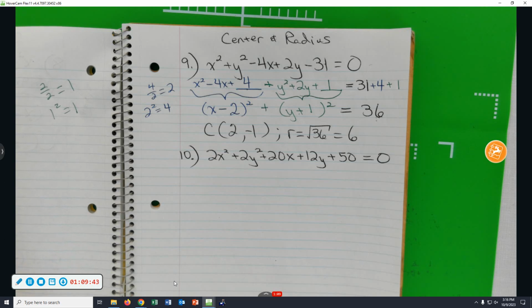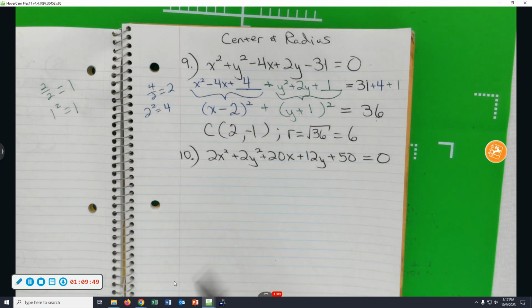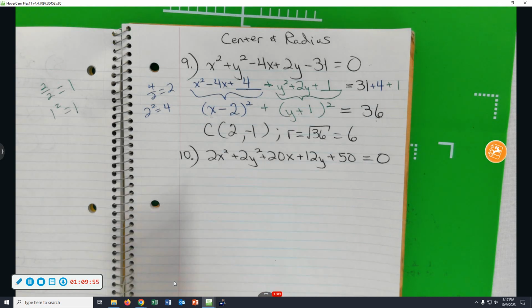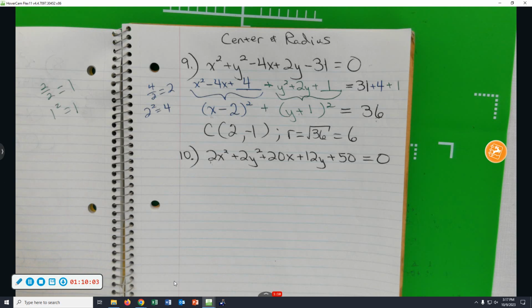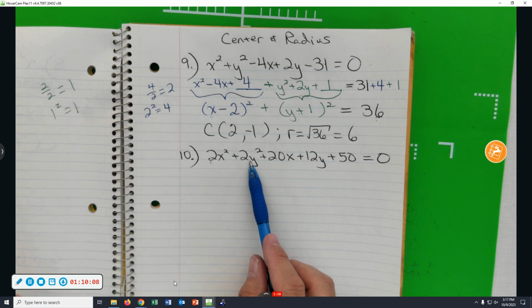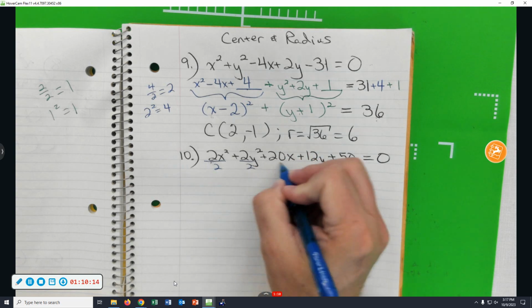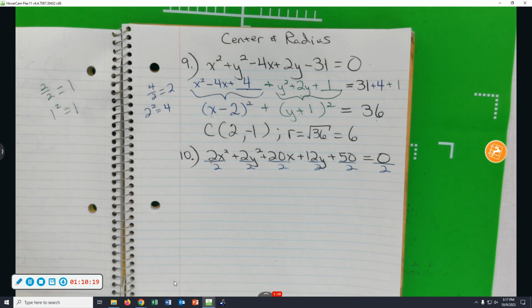But there's something wrong here. The little process we use to complete the square, to build those perfect squares. And remember, what's the coefficient supposed to be inside those parentheses? If you have a leading coefficient of anything other than 1, you must divide through by that number so that the coefficients for x squared and y squared become a positive 1. Divide through by 2. Basically, we're distributing a 1/2 through the entire equation. We're multiplying both sides by 1/2.